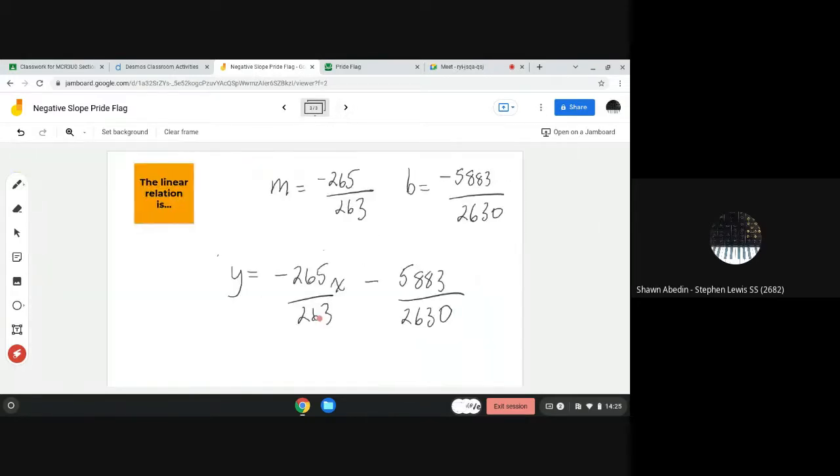Let's go to the final page. We have a slope, we have a y-intercept. Therefore, we can substitute those into our general form. Y equals negative 265x over 263. Subtract 5,883 over 2,630.